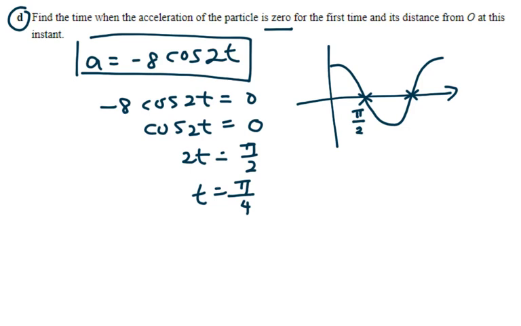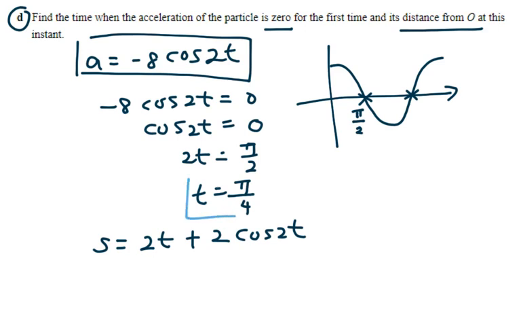Continue with this part of the question, asking you to find the distance from O when t is equals to pi over 4. From the question, we know that s is equals to 2t plus 2 cosine of 2t. All we need to do is substitute the value of t in the equation.